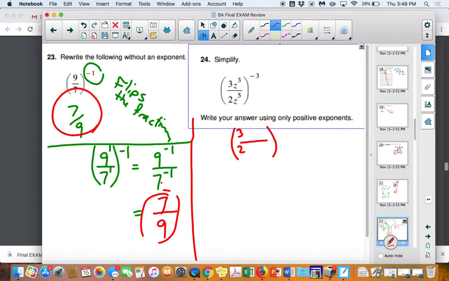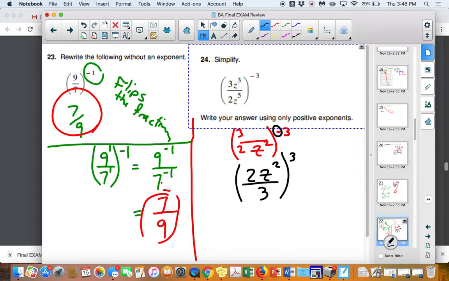That's the difference of 2. So I've got 2 z's in the bottom, none in the top. I don't have to put a 1 up there because the coefficient of 3 is up there. All right, I never messed with that exponent out there. Now remember, this negative right here is going to flip my fraction upside down. So just take your fraction and turn him upside down. Take the negative off. You didn't do nothing with the 3, so don't mess with it.